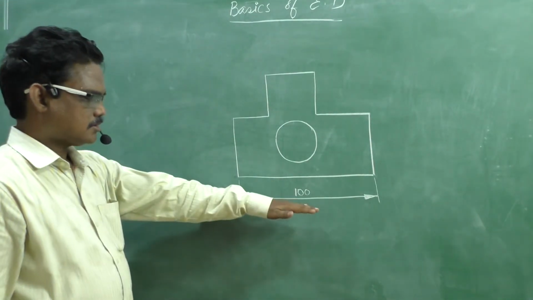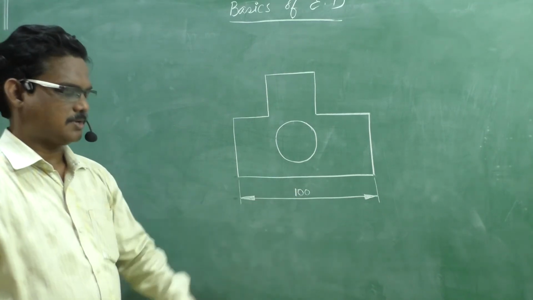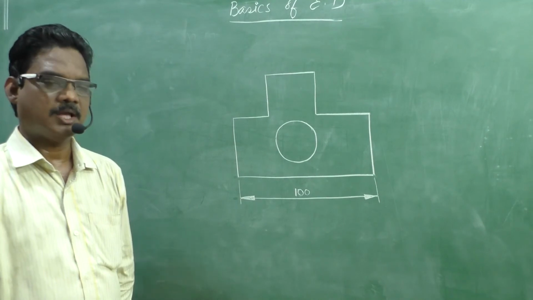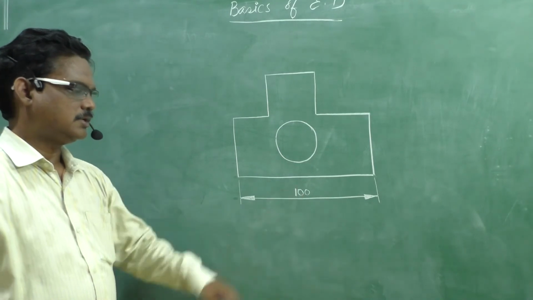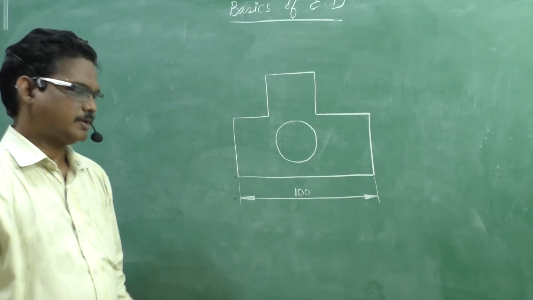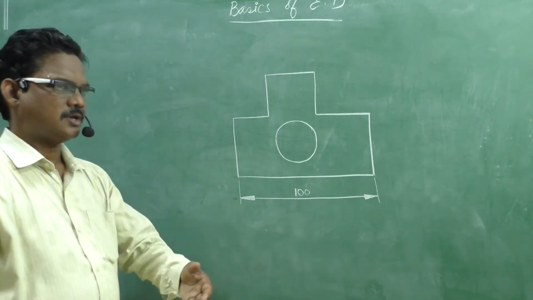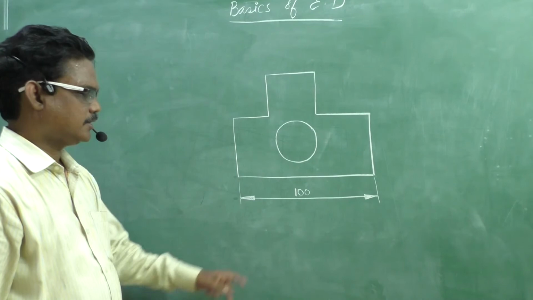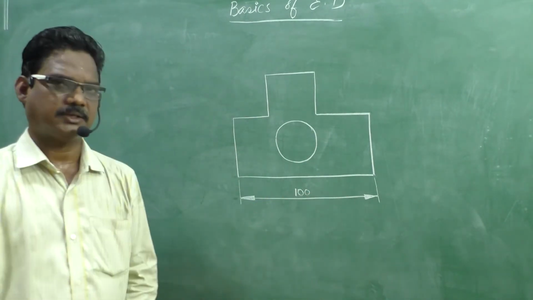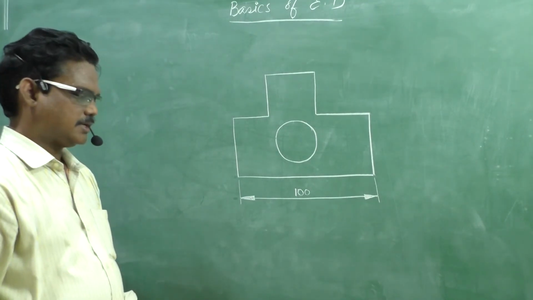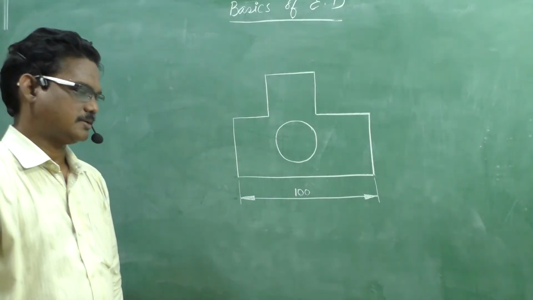And when it is horizontal, mention the dimension above the dimension line. Generally, the text at the middle of the dimension line seems to be good. That is the reason it is placed centrally. Nowadays, in available software, the text may be written here or here like that. But it is good practice to write the text at the center portion.